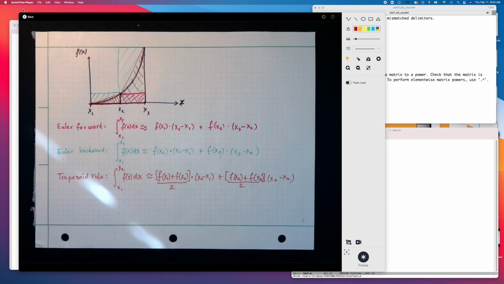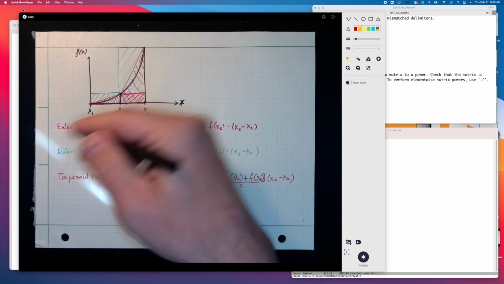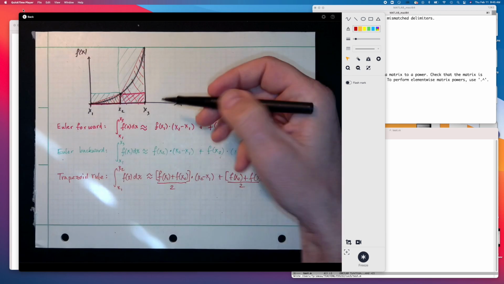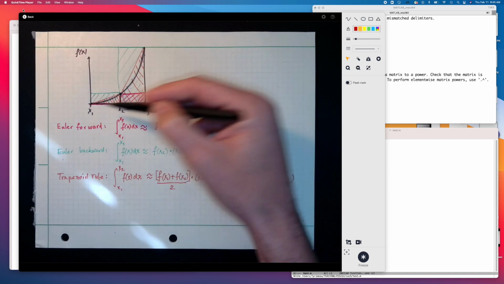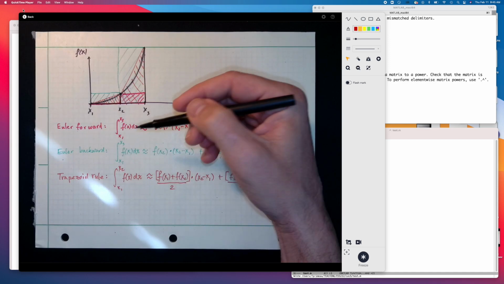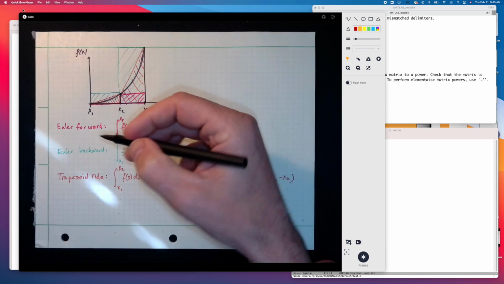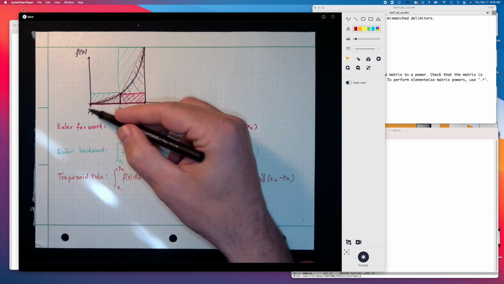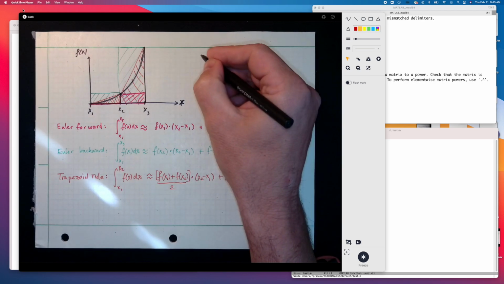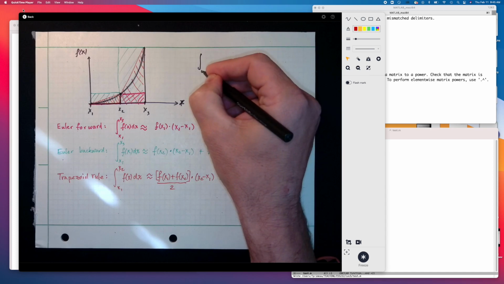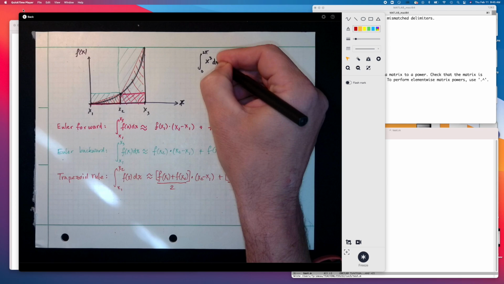So in the example we're going to do on the computer, we're going to first pick a particular function and evaluate this, but progressively increasing the number of points from just 2 points, 4 points, and then 8 points and 16 points and so on, every time doubling the number of points, and look at how quickly the integral approaches the true value. So the function I'm going to pick is going to be the integral from 0 to 2 pi of x cubed dx.